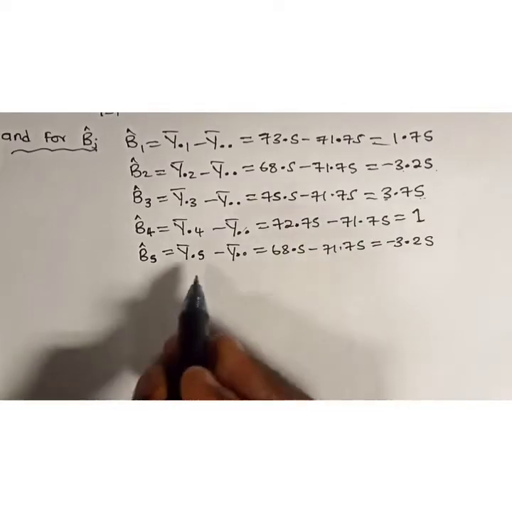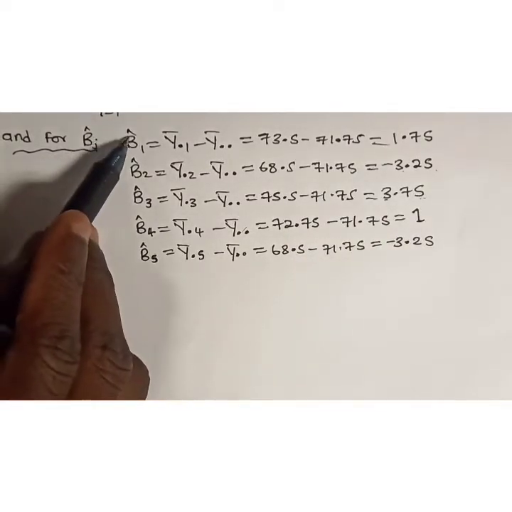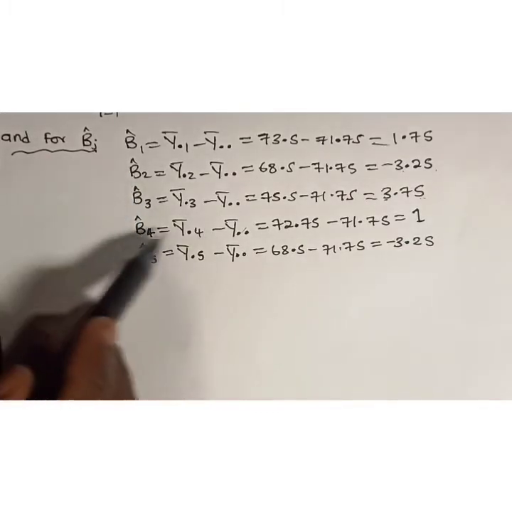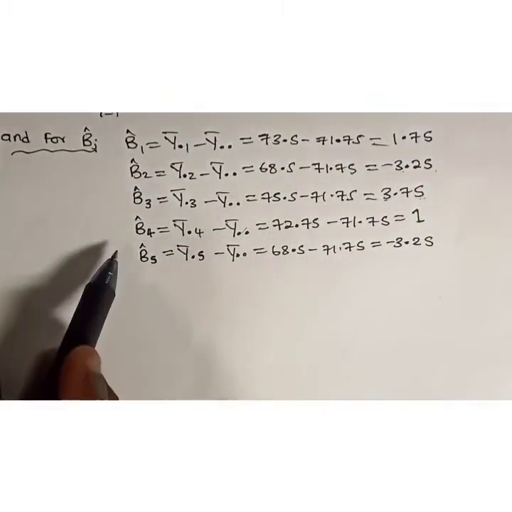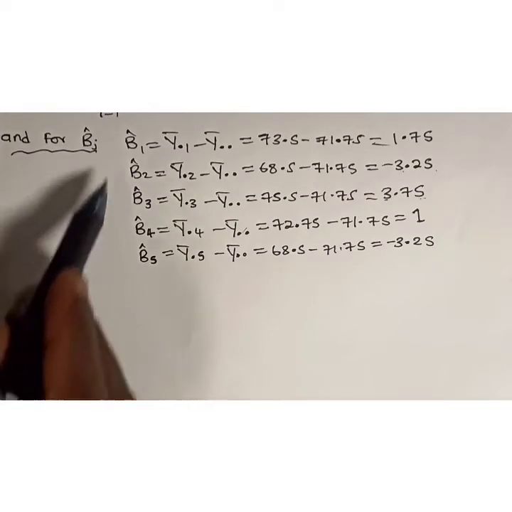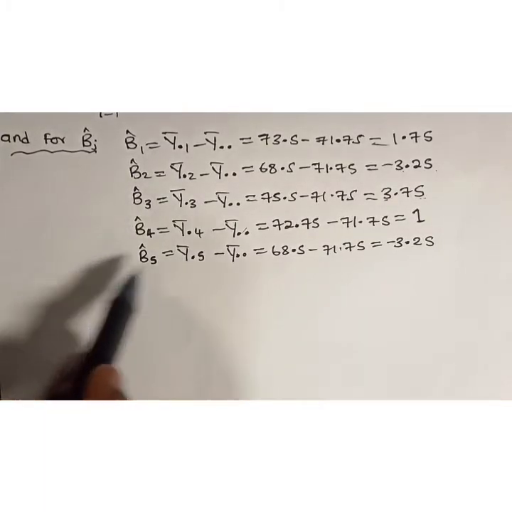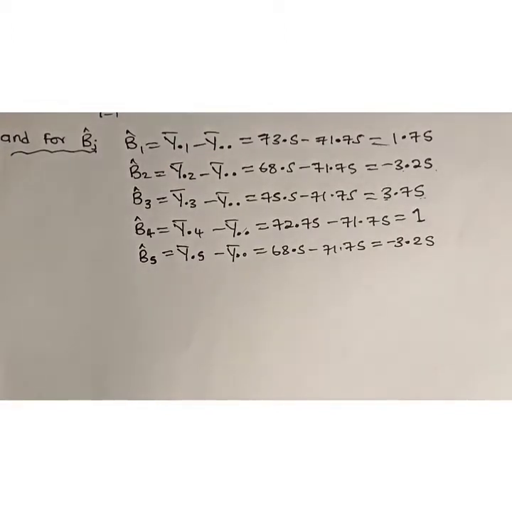Also note that if you add the estimated effects for these 5 blocks, you will get 0, since the summation of the estimated effects of blocks has to be 0.